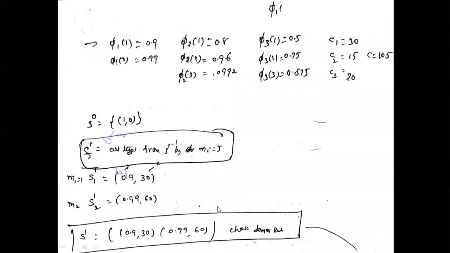That means suppose D1 in the first stage, the number of devices in the first stage is 1. S power 1 represents the stage, here 1 represents the number of devices in the first stage, D1.